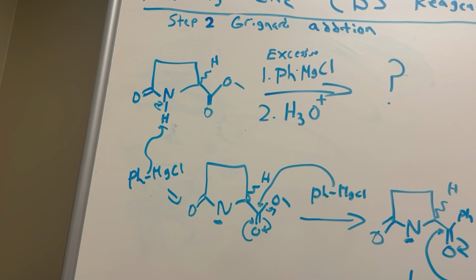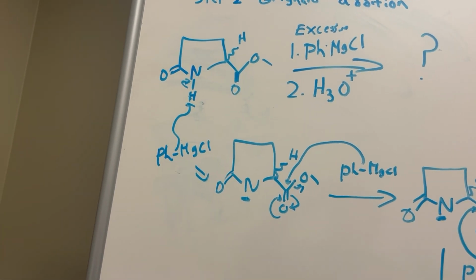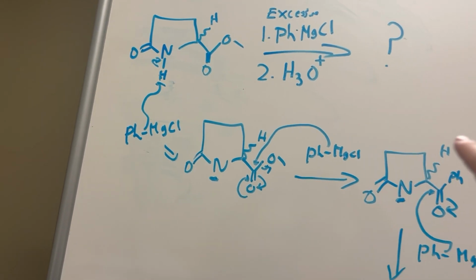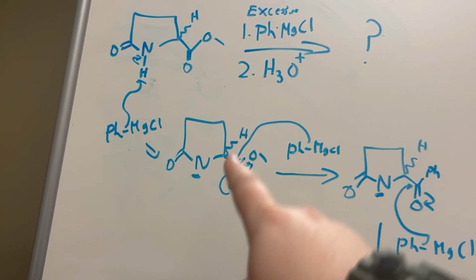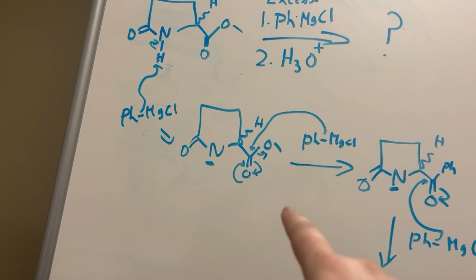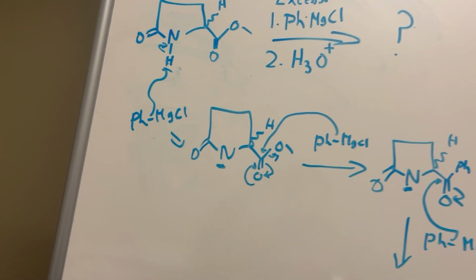So first, we use the Grignard to deprotonate the amide to make it resonance stable here. Then we use another Grignard to go into the ester, which will push these electrons up into oxygen, and then it'll collapse back down, pushing the ester part off.